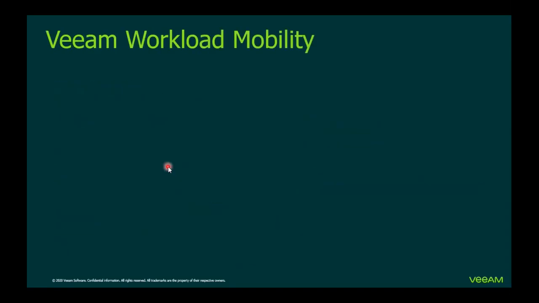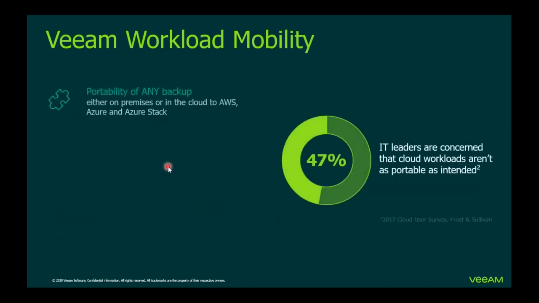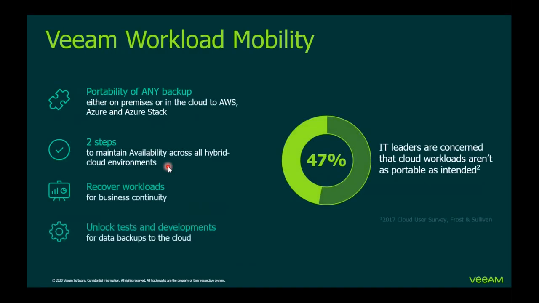So the workload mobility, if you talk about today, there are almost, I would say 53% of the guys who are worried about their hybrid cloud infrastructure approach, that how they will manage their compliance part, how they will manage their backup part when it comes to mobility.